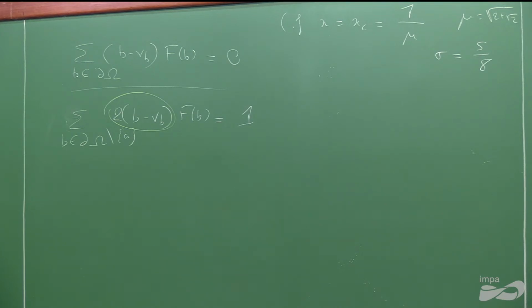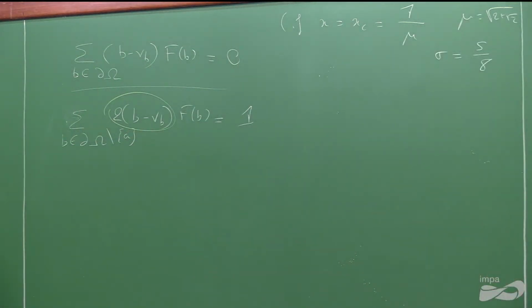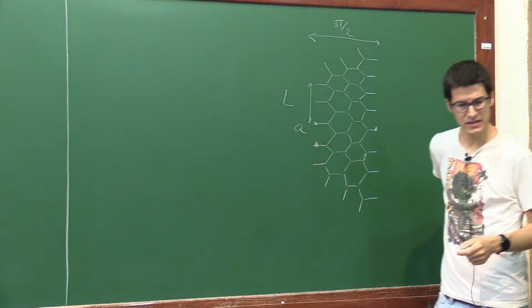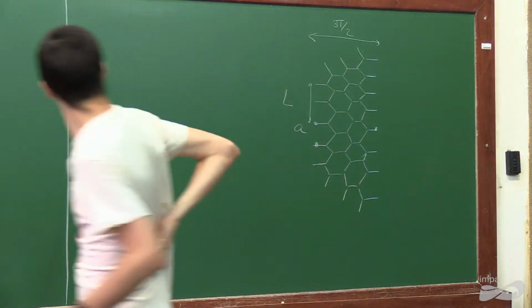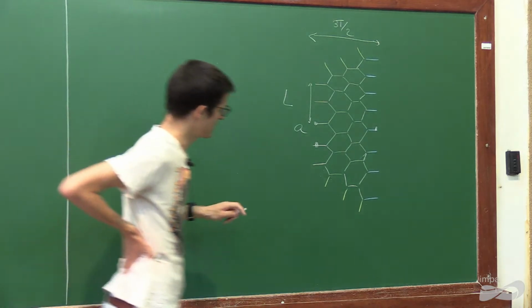So now the idea is to look at a trapezoid domain like this. The domain is constructed like that.